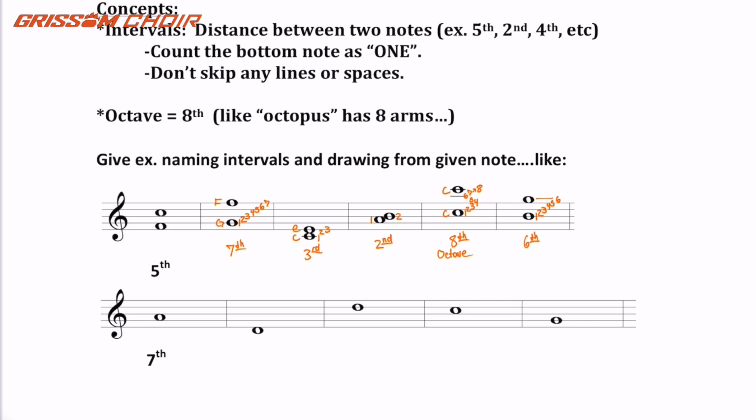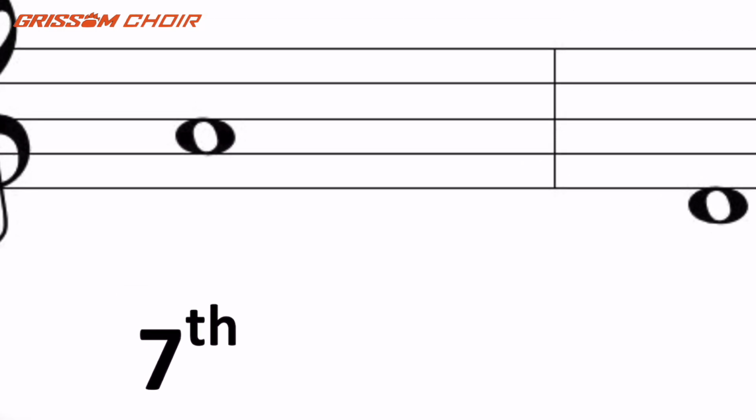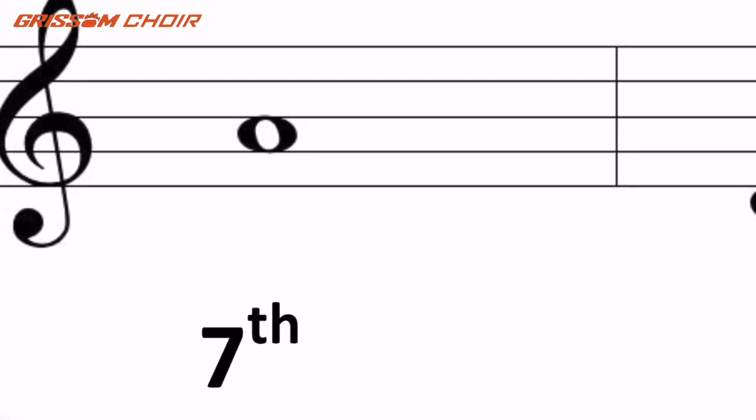Likewise, it can also be done backwards. Not backwards as if going down below the note, but let's say we were given the first note, but not both notes, and you are trying to find the note above when it gives you the interval. Let's say, in this first example, it's wanting you to do a seventh.